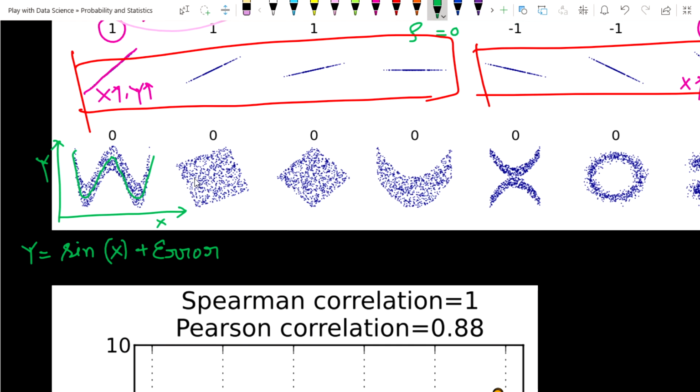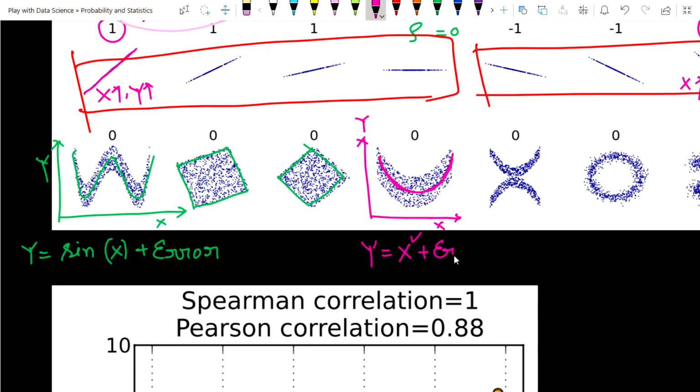It is similar here. Actually it is a square type of data. If you see this type of curve, with x on the x-axis and y on the y-axis, the relation actually looks like this: y equals x square plus some error.